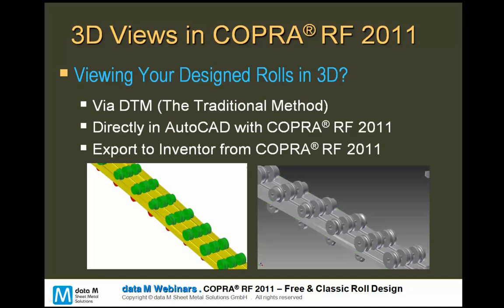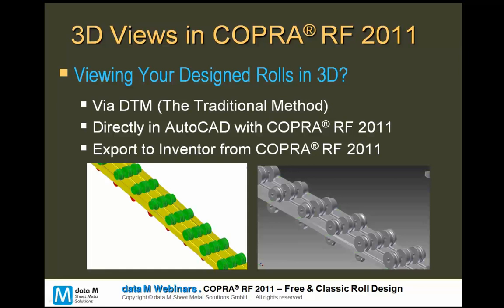Once we have our rolls designed in Copra and they're stored in the database, there are possibilities then to view them in 3D mode. This can be done via DTM, which is the traditional method of creating a DTM simulation of fading in our rolls.